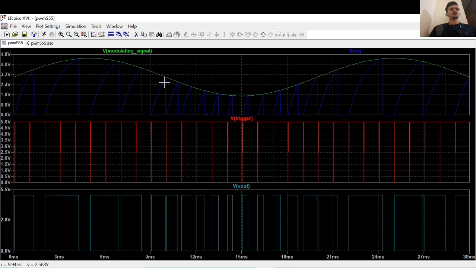As it goes less, my T on period also goes less. So in this fashion we can get the PWM signal. So here these are the negative trigger pulses. So you can also see here when it again increases, my T on period also increases. So in this fashion we can get the PWM signal where the T on and T off time are varying.